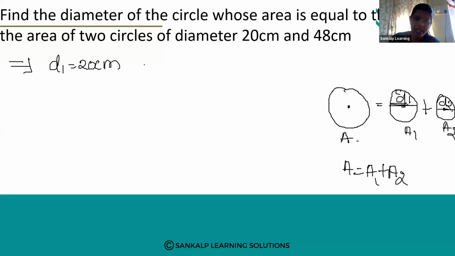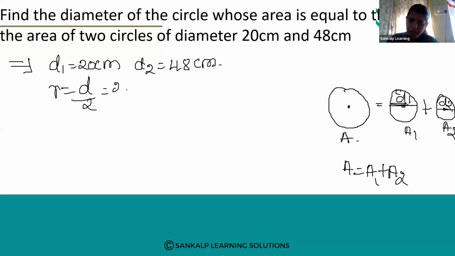Right? So, D1 and D2, that is 20 centimeter and 48 centimeter. Therefore, R is D divided by 2. 20 divided by 2. So 2 ones are 2, 2 tens are 20. Therefore, the R value, the radius, is 10 centimeter.